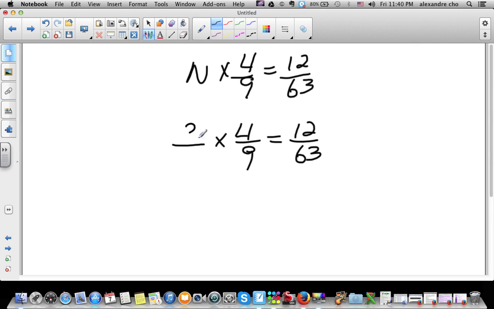Obviously, 3. Same thing, what denominator do I have to put at the bottom so I multiply to get 63? Would be a 7. And there is our answer for this one. That's the really, really easy way. The only reason it worked out is because your product was a number that can't be simplified, so you run into trouble sometimes.